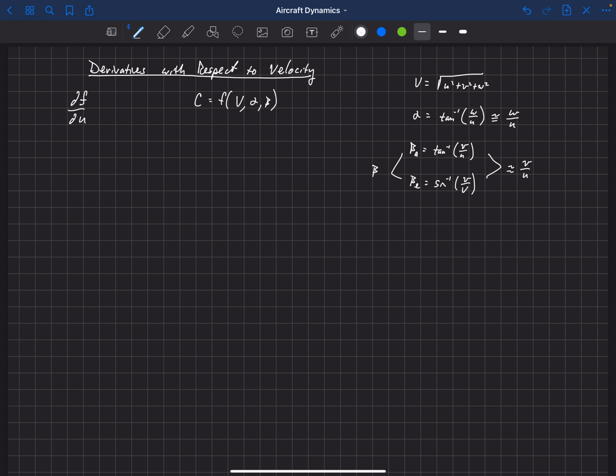Okay, so let's look at this first term here that we need. I'm just going to move this down here. So the partial of some function with respect to u.